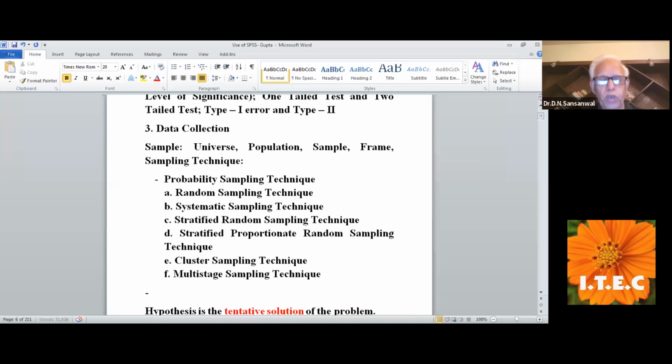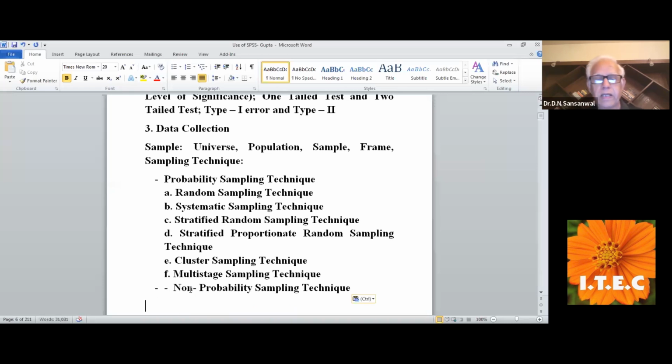Then next is non-probability sampling technique. And the non-probability sampling techniques, I should say techniques, not technique, are: one is called purposive sampling technique.